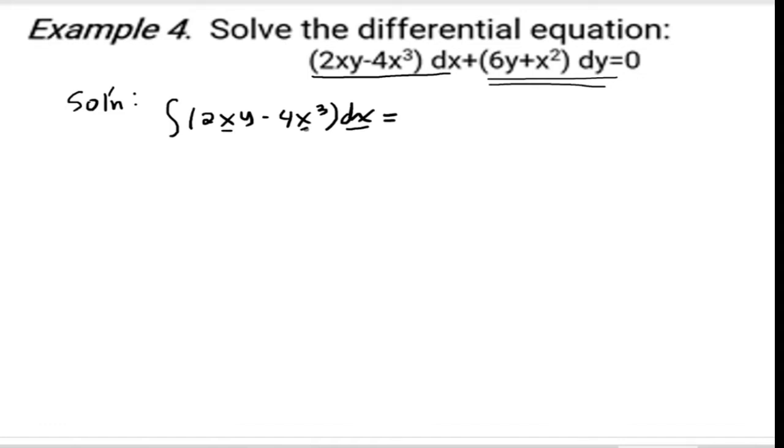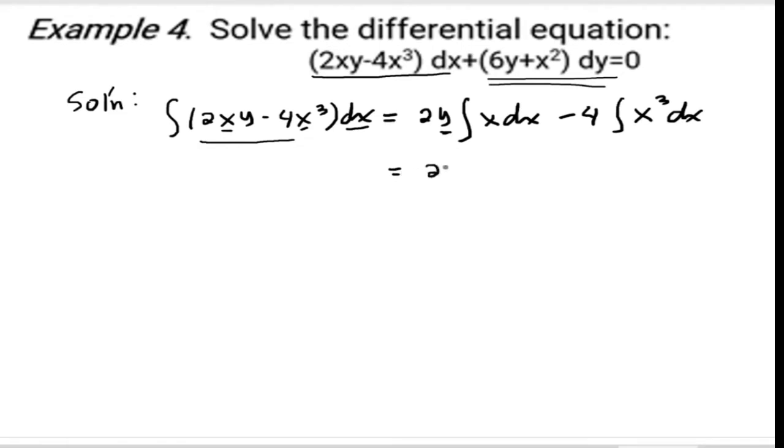For our solution, I'm going to write these expressions into two integrals. So, we have here 2y integral of x dx. Take note, y is written outside the sign of integration since that is constant.